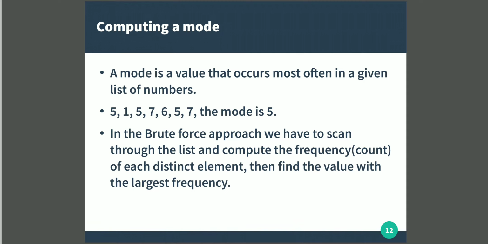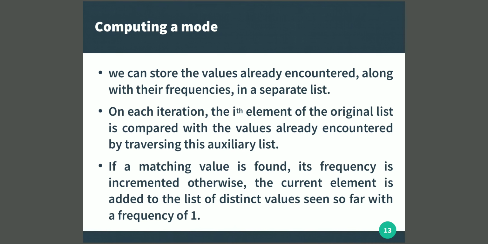Okay, let's continue with the previous discussion. Next, if I want to write a brute force algorithm, we can store the values that are already encountered along with their frequencies in a separate list. Okay, we create a separate new list.